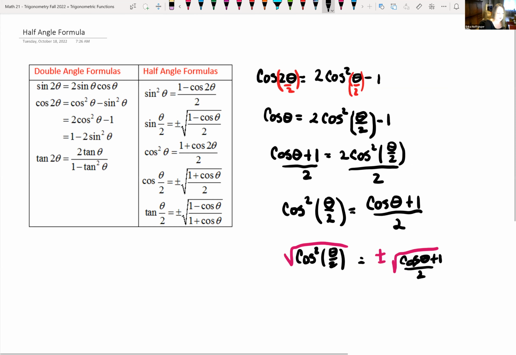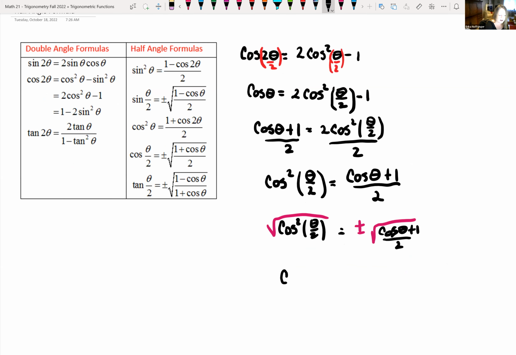That gets rid of our square, and now we have our half angle formula for cosine. Cosine of theta divided by 2 is equal to plus or minus the square root of cosine theta plus 1. A lot of times you'll see it written as 1 plus cosine theta, but that's commutative, so 1 plus cosine theta is the same thing as cosine theta plus 1, all over 2.